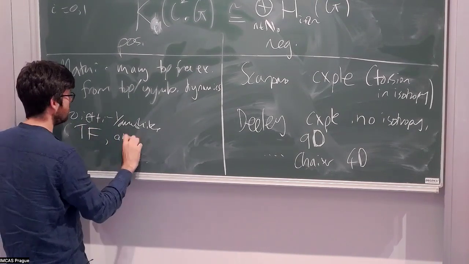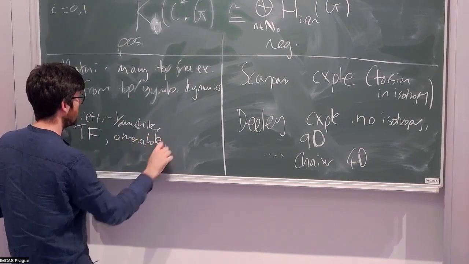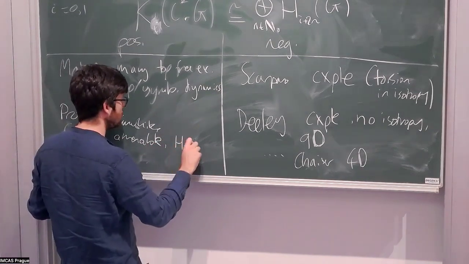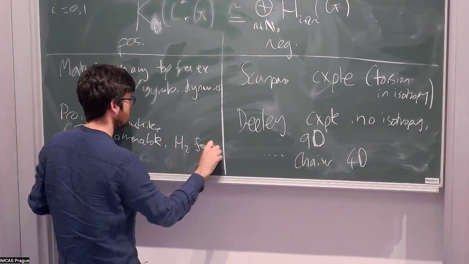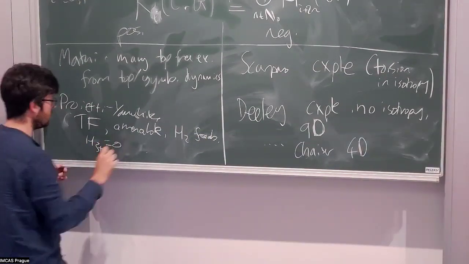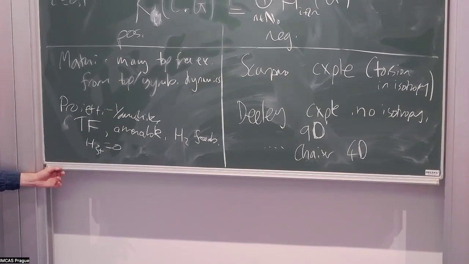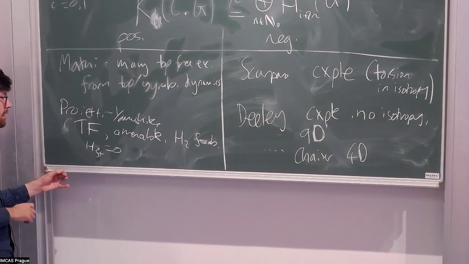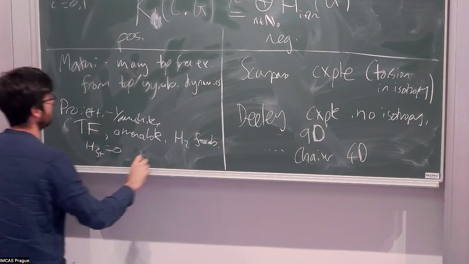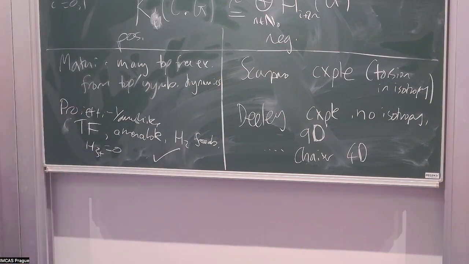Let's say just put amenable here for now. We need H2 to be free abelian, and we need H3 plus to vanish. Hausdorff is an implicit assumption in a lot of this, but not all of this. So I'm not going to go into details of when and where. But basically, that's good enough.